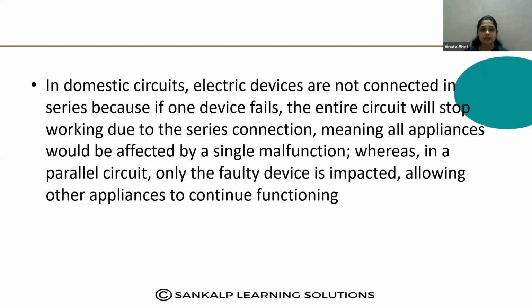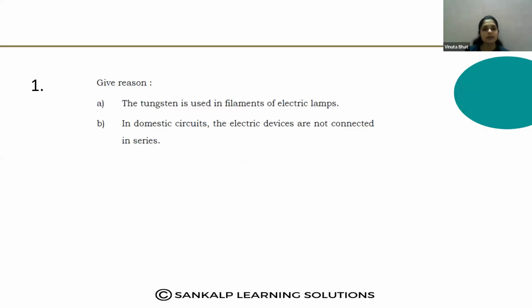So if one device fails, the complete circuit will be affected. Whereas in a parallel circuit, only the faulty device is impacted, allowing the other appliances to continue functioning. So that is the main reason why in domestic circuits, electrical devices are not connected in series.